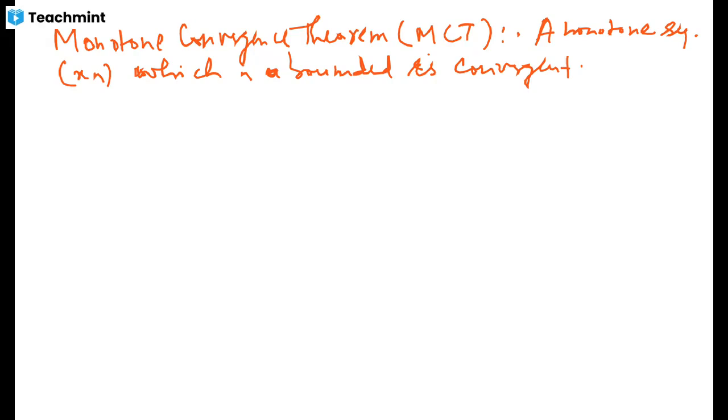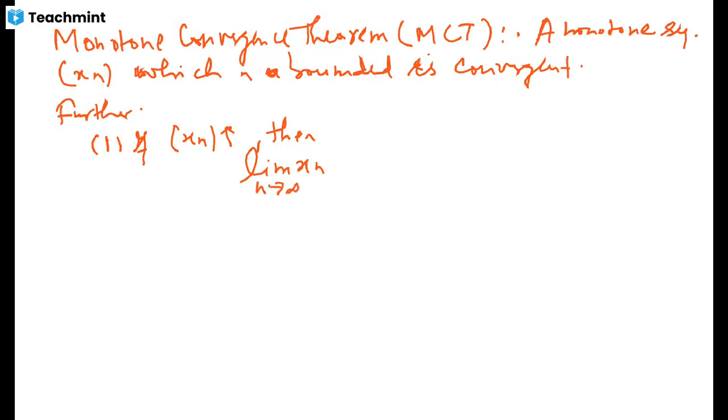And further, in case of an increasing sequence, if the sequence xn is increasing, then its limit, as expected, since it is increasing, it is moving ahead, and its lower bound cannot be its limit, so its limit is expected to be its maximum or the supremum. The supremum of the range of this sequence will be its limit.